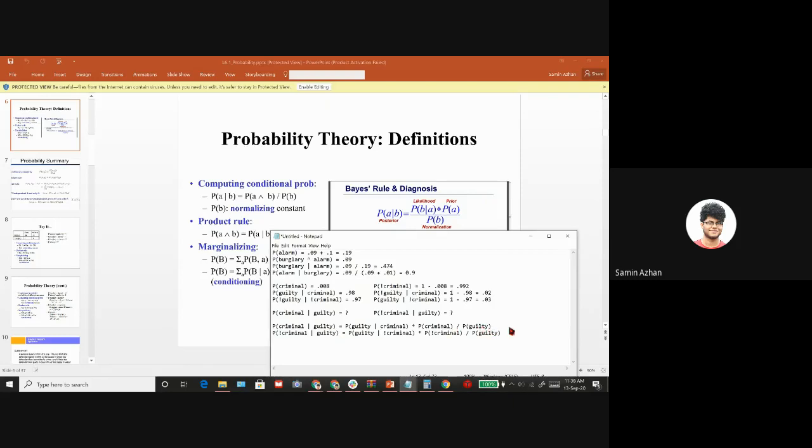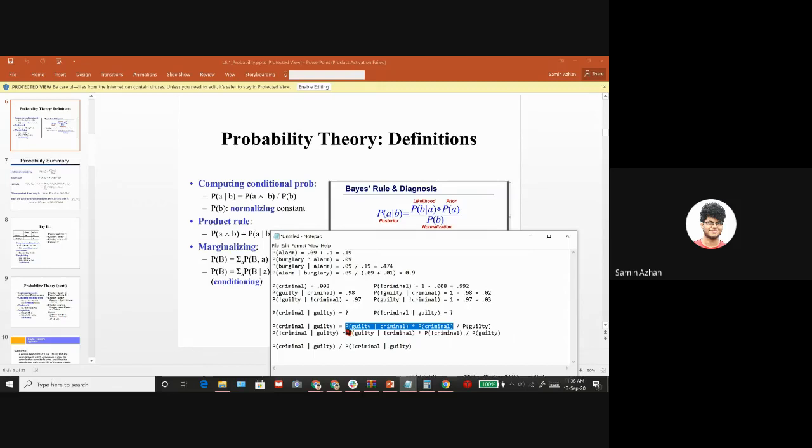If we divide the first equation by the second equation, we're going to get something like this: the left side divided by the left side, and the right side divided by the right side. But in this case, the probability of guilty will be omitted because both sides have the probability of guilty.